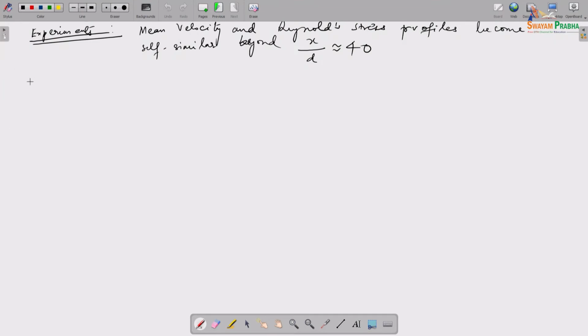Now let's look at the scaled turbulent viscosity.